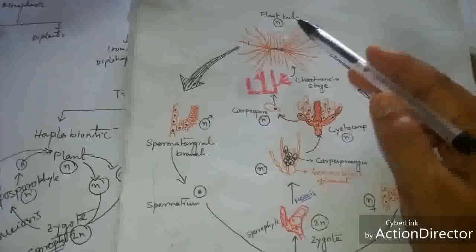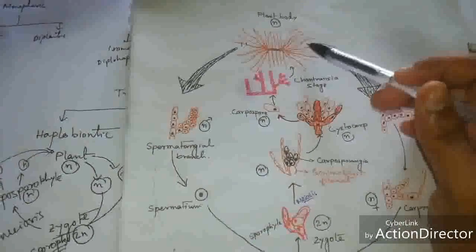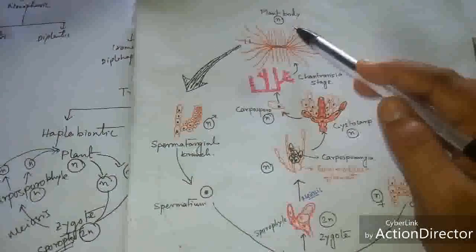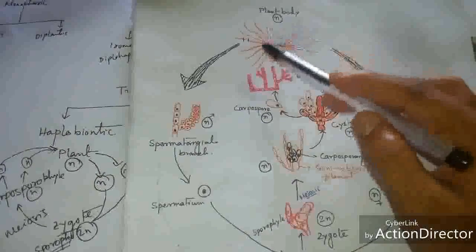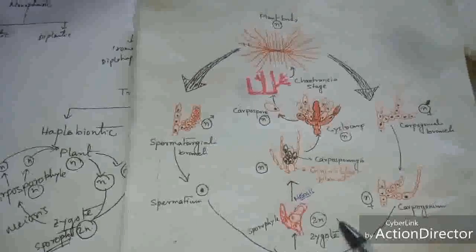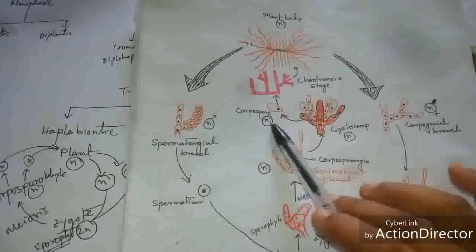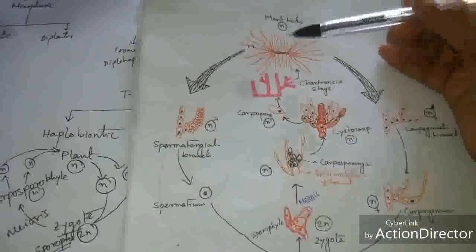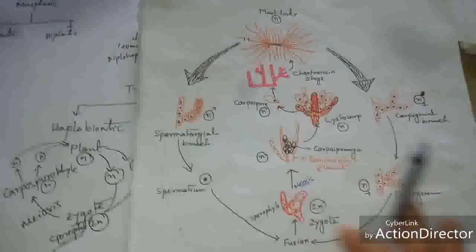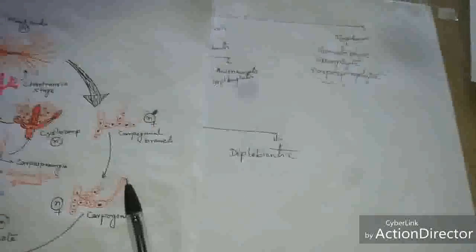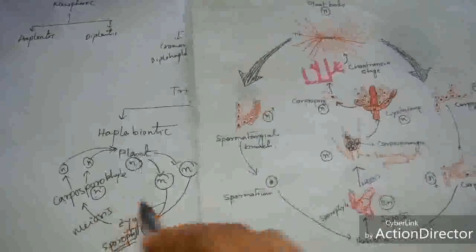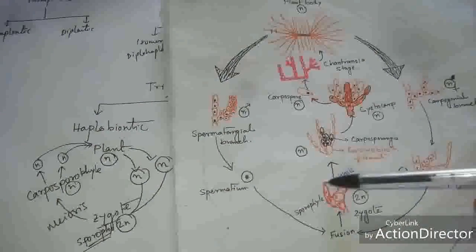So here the gametophytic plant body is haploid, known as Batrachospermum algae, and the sporophyte plant is diploid, and the carposporophyte plant is haploid. So here two stages are haploid and one stage is diploid. So this is an example of the haplobiontic stage, because two stages are haploid and one is diploid.